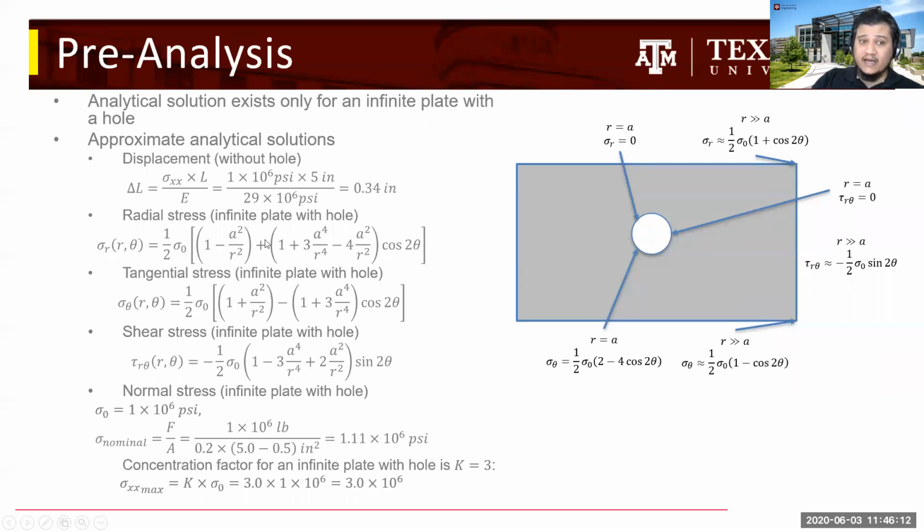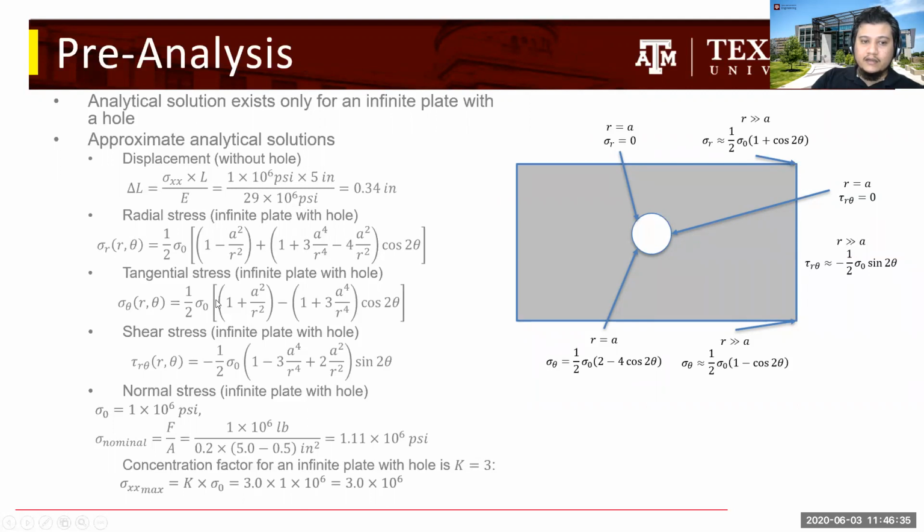Again, I'll keep emphasizing that this is for an infinite plate, so even if we apply it in this case, the result is not going to be exact. Then there is another component of the normal stress, which is the tangential component, in the theta direction.